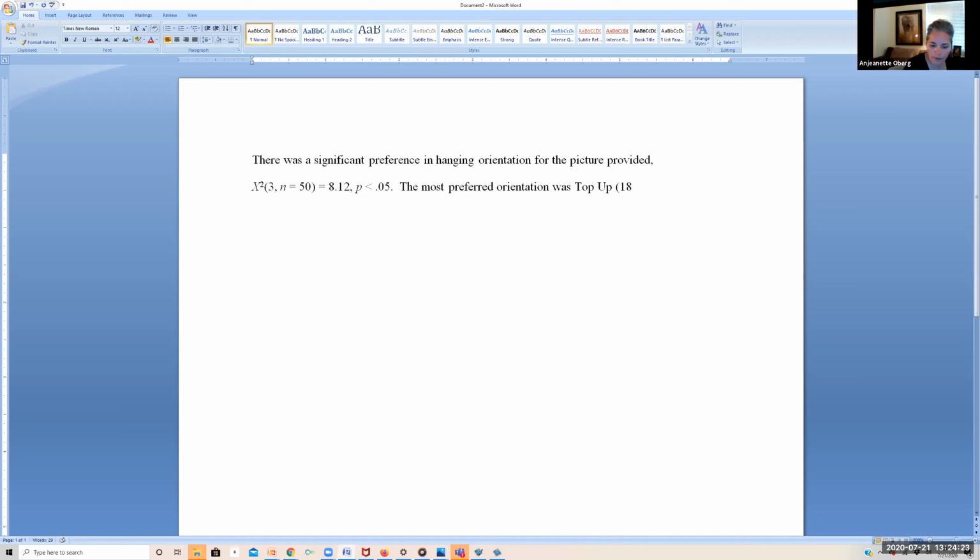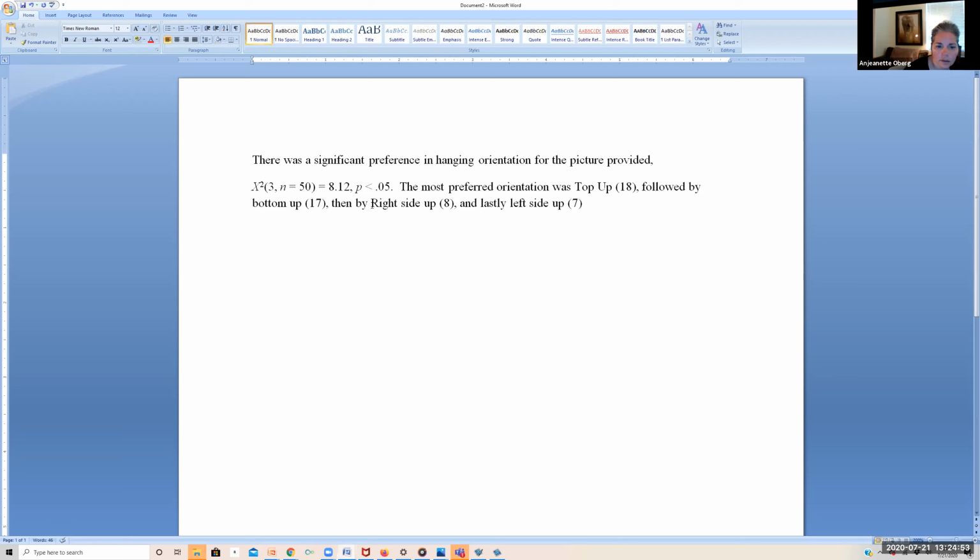We can just do our counts, followed by bottom up, then by right side up, and lastly, left side up.